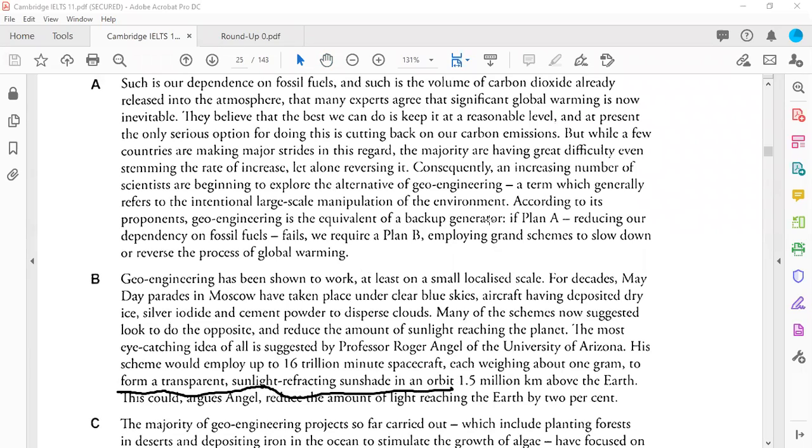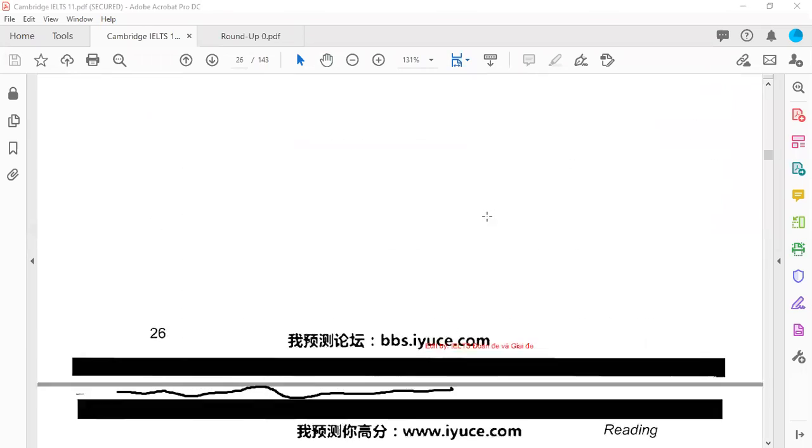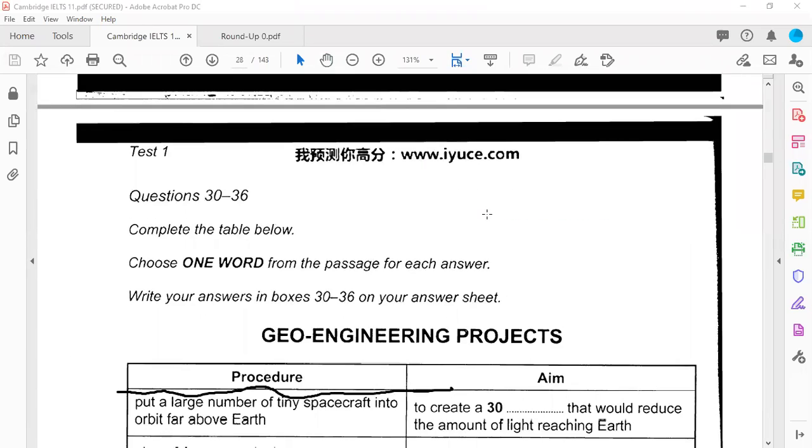How many words are we allowed to use? One word. We're only allowed to use one word. To create a sunshade. A sunshade.